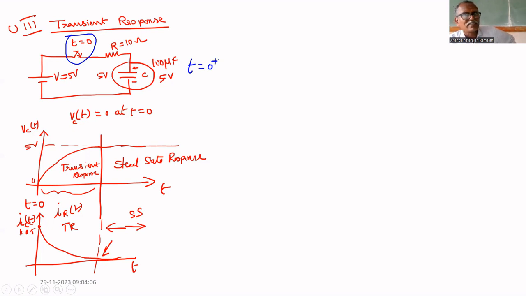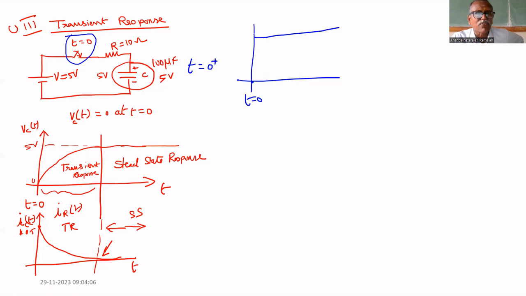The problem here is that at t equal to 0 we are closing the switch, and there are two states, dual values. The voltage applied at t equal to 0 is changed from 0 to 5 volt. At t equal to 0, two values are there.